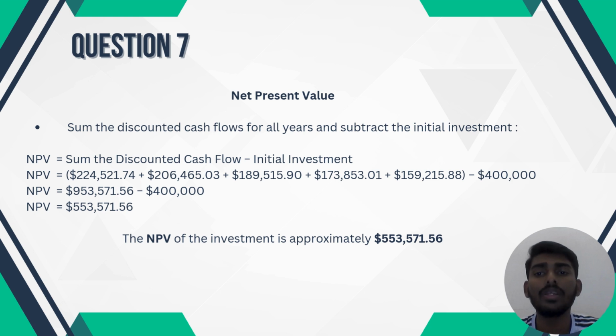So 953,571.56 minus 400,000. The final NPV is 553,571.56.